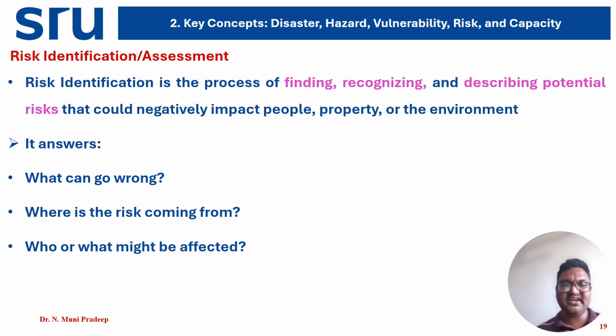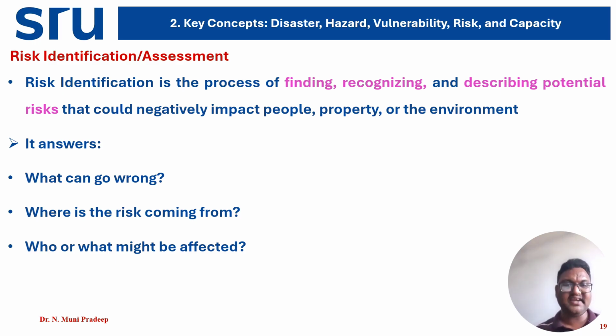Risk identification answers three fundamental questions. The first one: what can go wrong? This involves identifying all possible hazardous events in a given area.